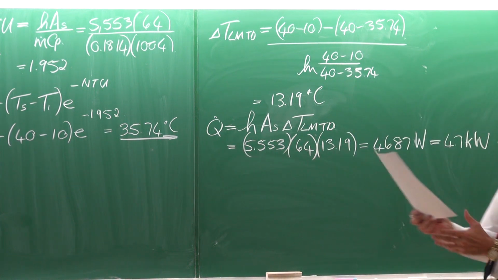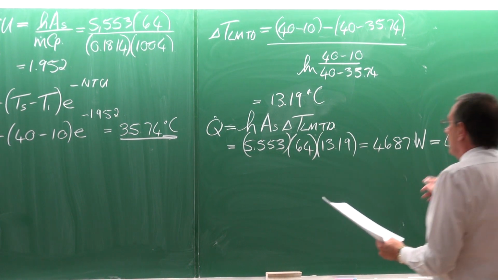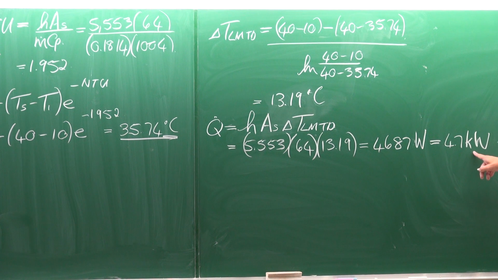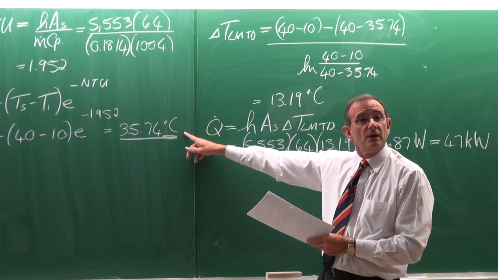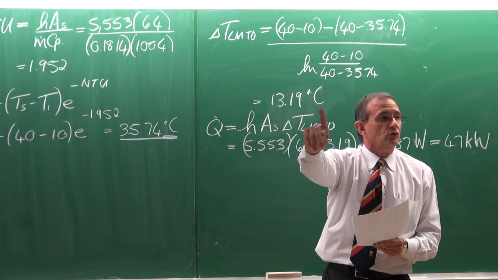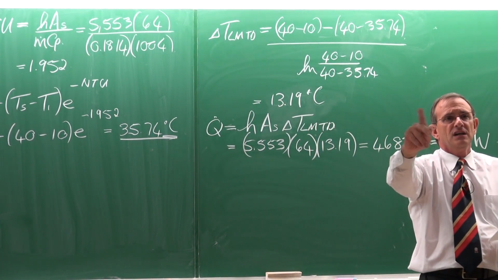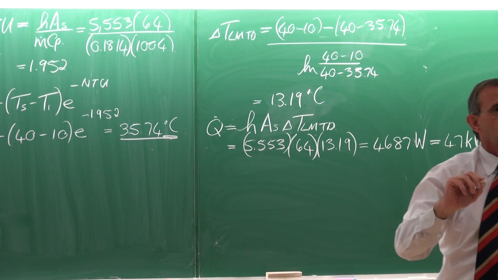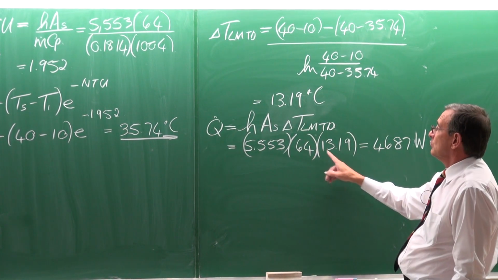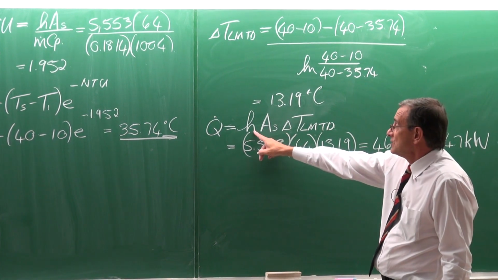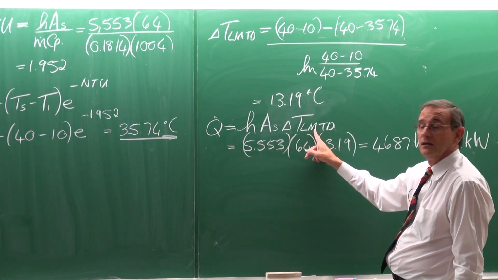Right. Now we've calculated the heat transfer rate, and we've calculated the outlet temperature. However, take note, it's very easy to make mistakes in calculations. We've calculated the heat transfer rate with this equation, getting the heat transfer coefficient and the LMTD.